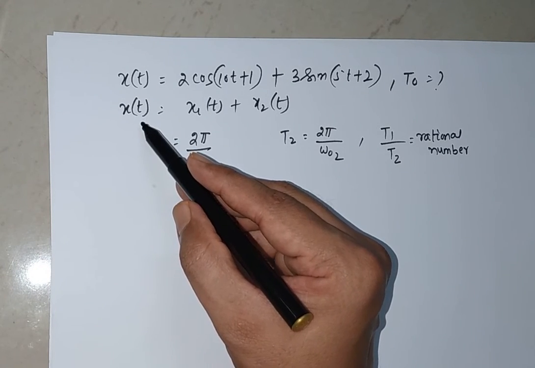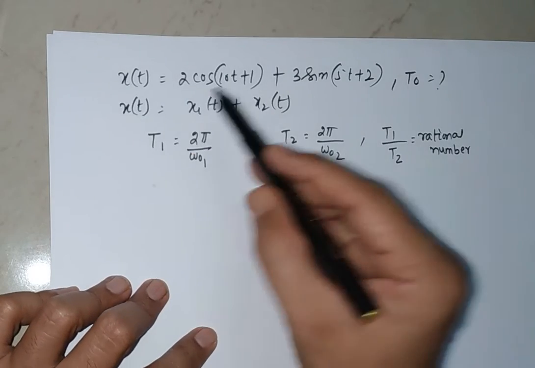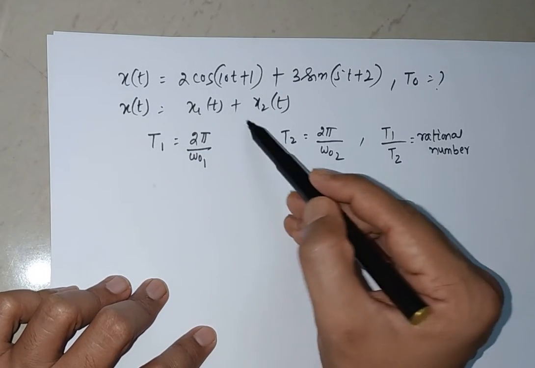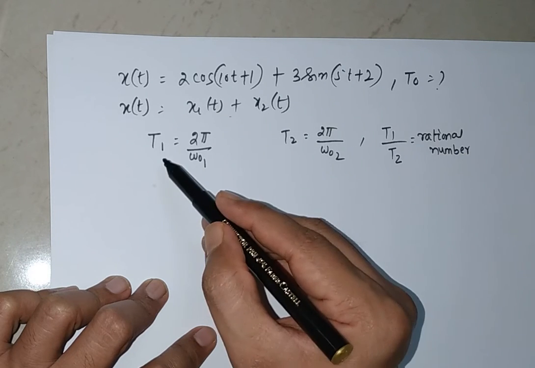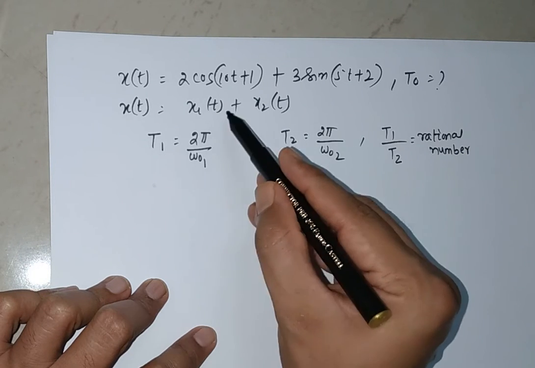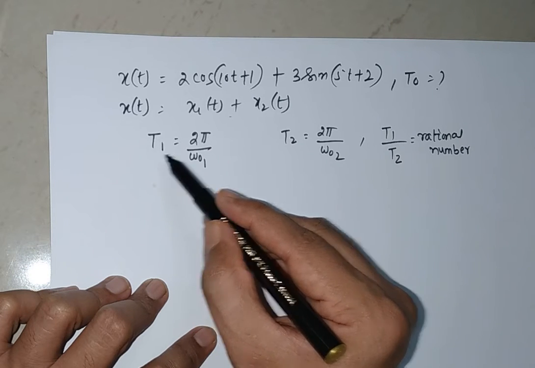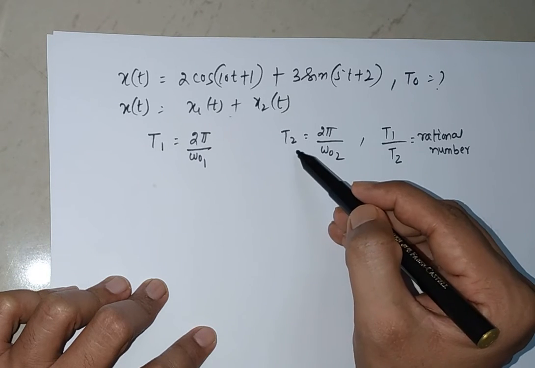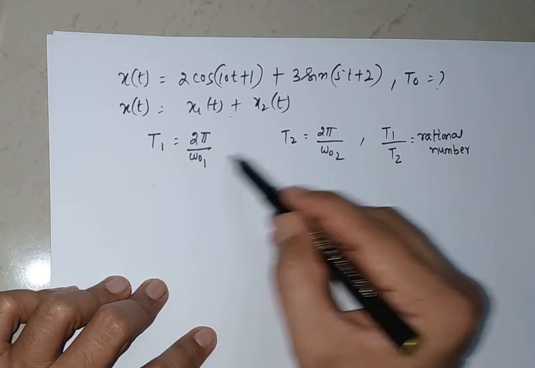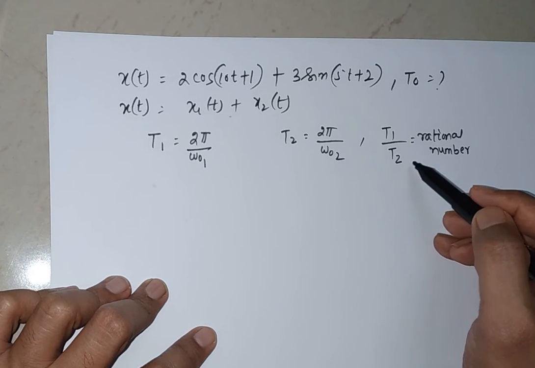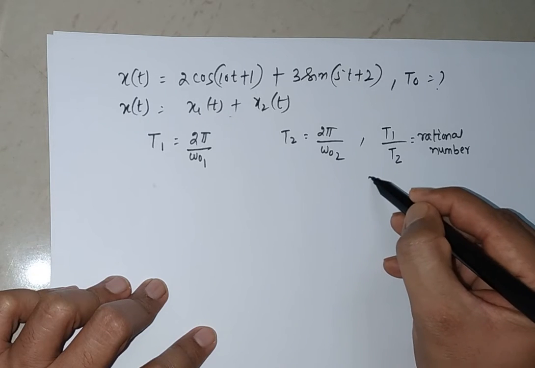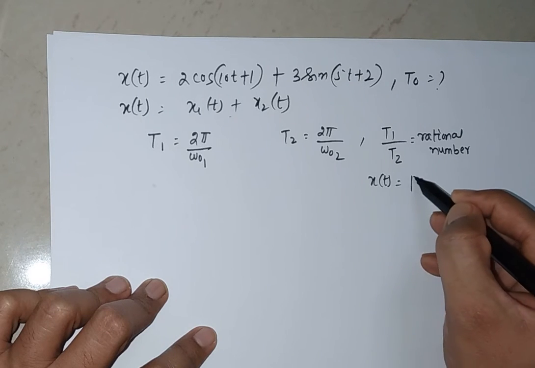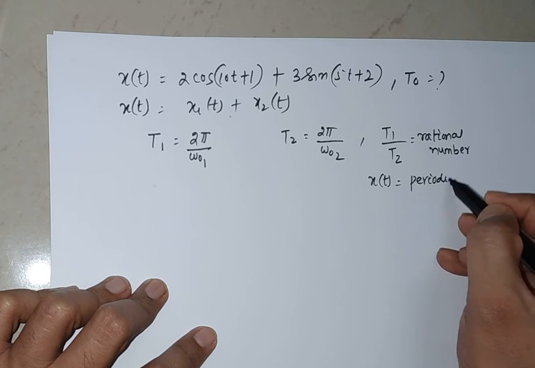So this is very important. Here x of t is a combination of two signals x1 of t and x2 of t. This is the method: first find the fundamental period of x1 of t, that is t1, and of x2 of t, that is t2. Then find t1 by t2. If it is a rational number, then the conclusion is x of t is periodic.